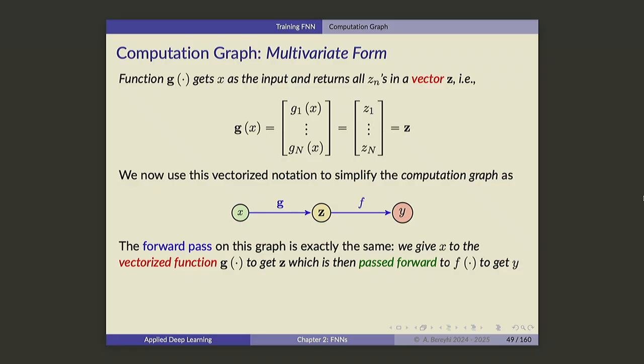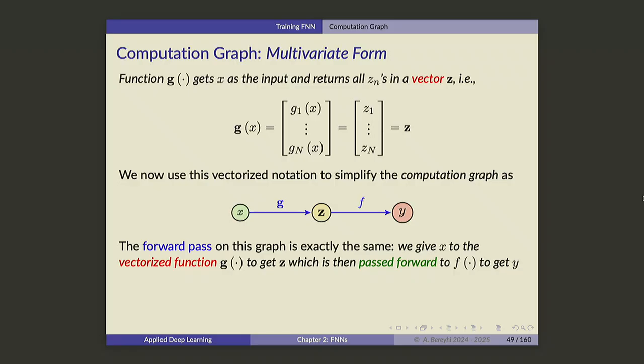Everybody's clear? So when you move from one node to another, you can change the mathematical object. x was a scalar, your function is computing a vector. That's no problem. z is a vector, your next function is computing a scalar again. That's not a problem. You still can show it this way.